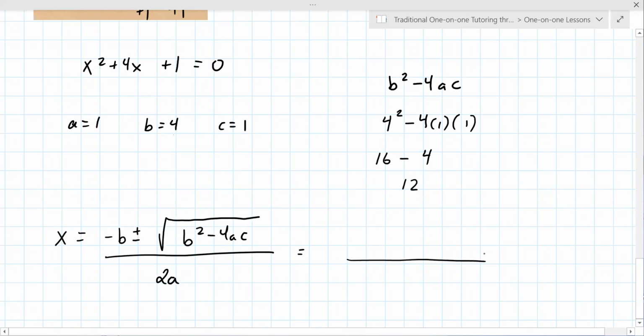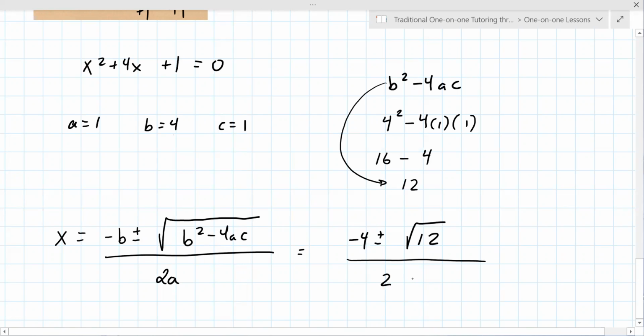Okay. What is the value of B? The value of B is 4. Okay, so it's -4 plus or minus. Now, instead of writing B squared minus 4AC, you're going to use this value right here, the square root of 12. See how B squared minus 4AC, we calculated that value there.